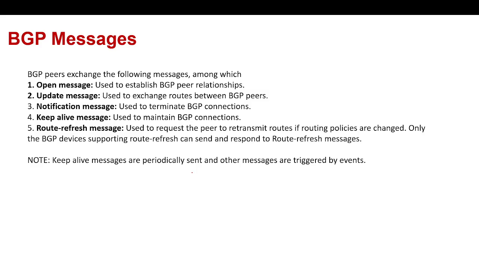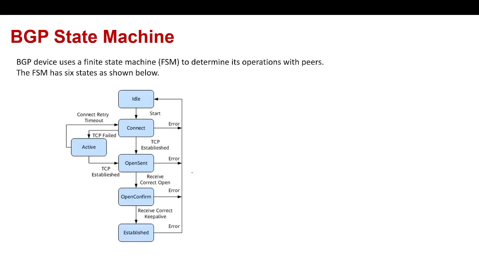For the BGP state machine, we've mentioned that whenever you've configured BGP between two different devices, there are some states or stages that these two devices will go through until they can exchange the routing information. We call it the finite state machine, and it has 6 states.